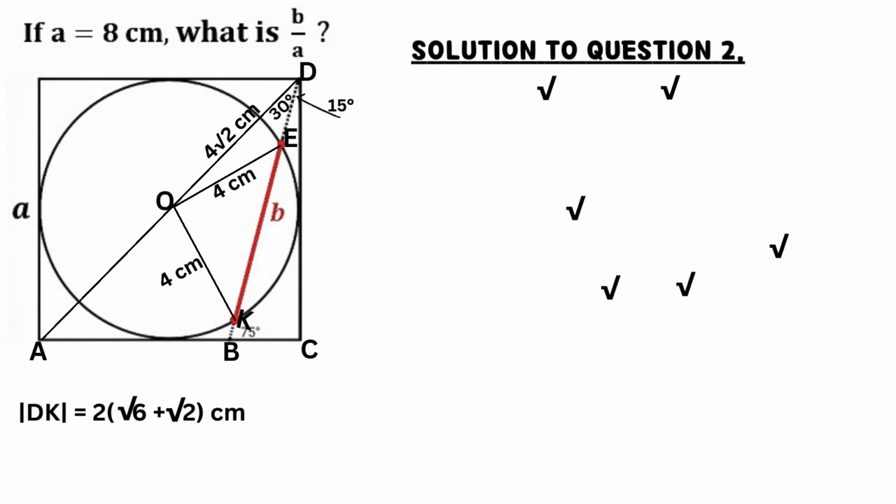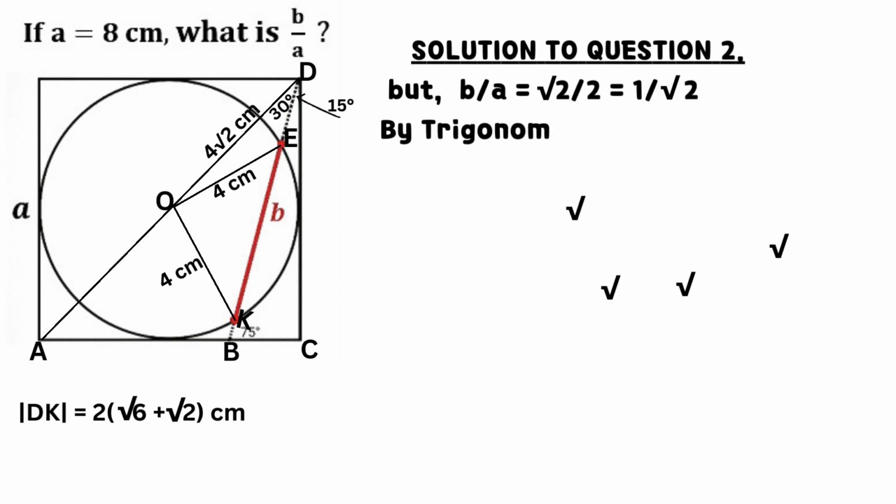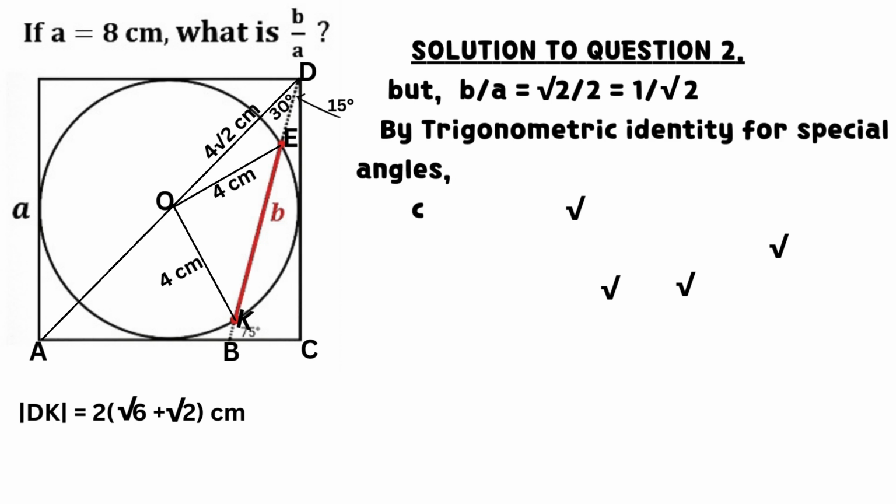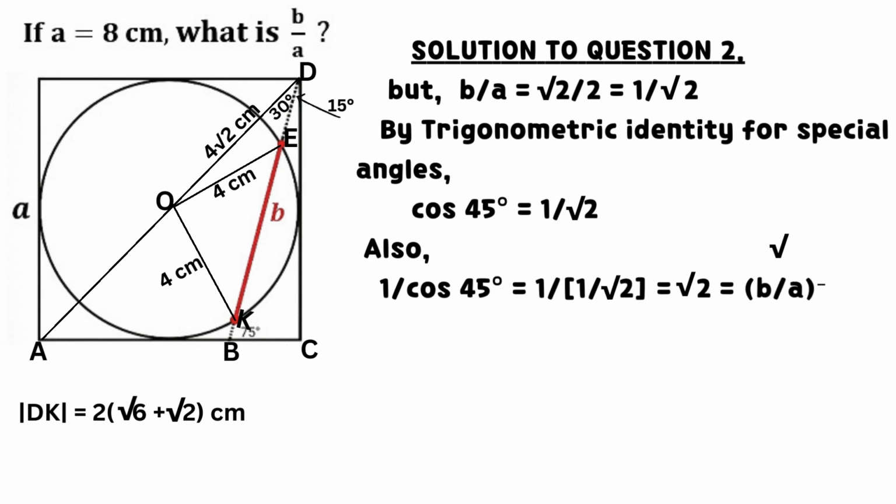Solution to question 2. The ratio B is to A equals half the square root of 2, which equals 1 divided by the square root of 2. By trigonometric identity for special angles, cosine 45 degrees equals 1 divided by square root of 2.